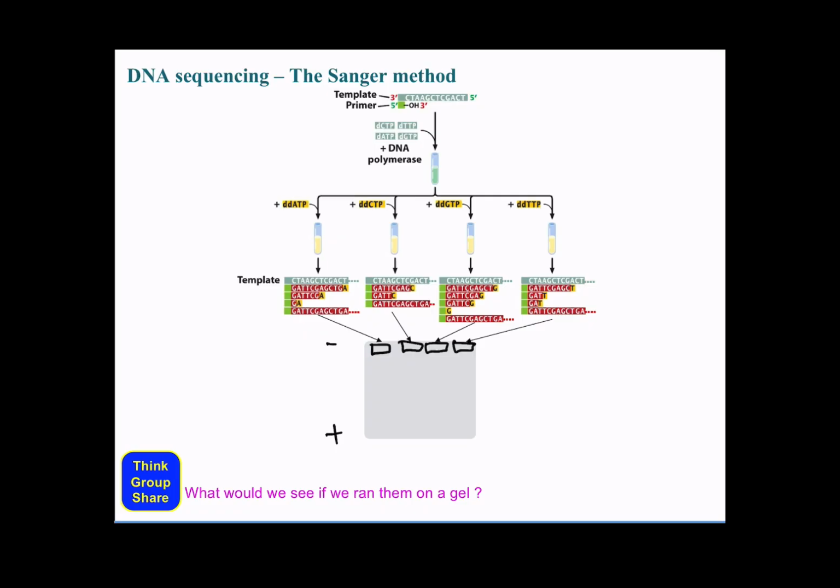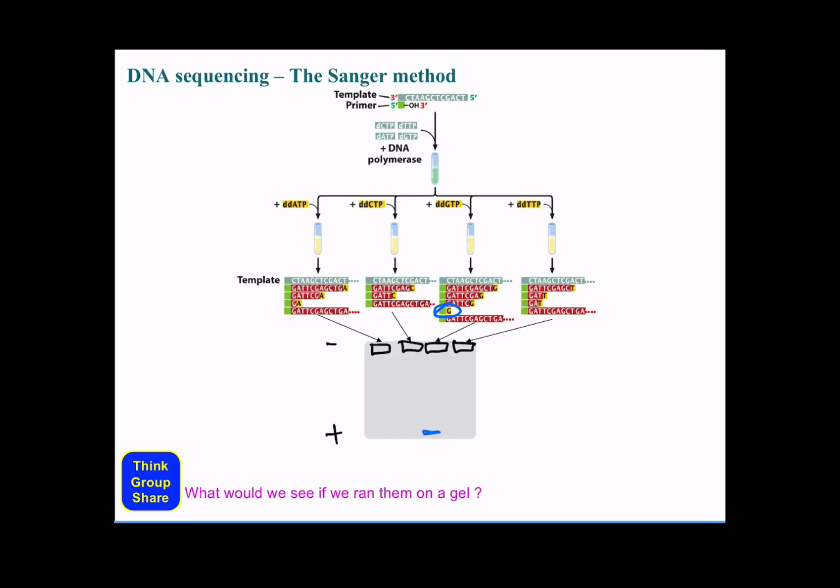Because I am guessing that you mean this fragment here is the smallest it can be, only one extra nucleotide other than the primer itself. So that's the smallest fragment across all tubes, and that's the one band that will travel the furthest, right? So there's going to be a band for that somewhere there.